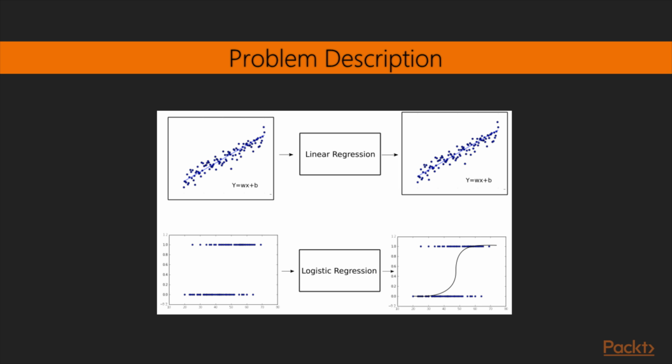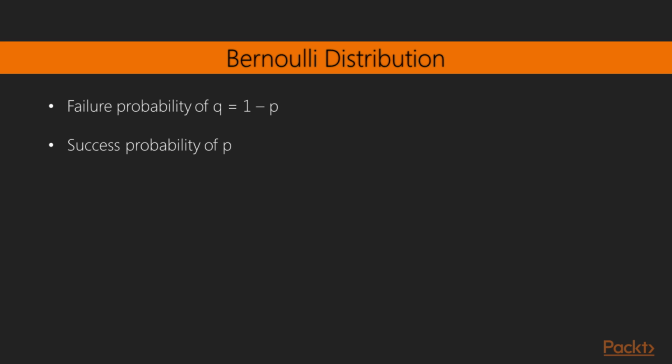and not a totally discrete value. Essentially, when we talk about the Logit function, we are looking at the function of a random variable p, more specifically, one corresponding with a Bernoulli distribution. Bernoulli distribution. Before explaining theoretical details, it is worthwhile noting that a Bernoulli distribution is a random variable that takes a value of 0 with a failure probability of q equals 1 minus p, and takes a value of 1 with a success probability of p.